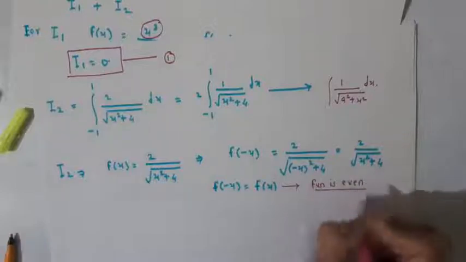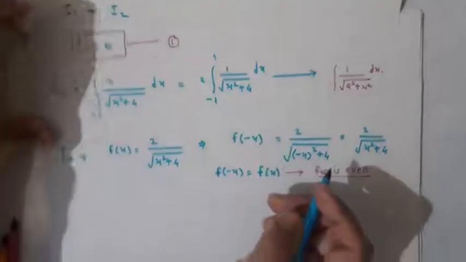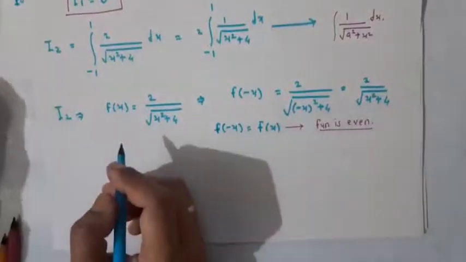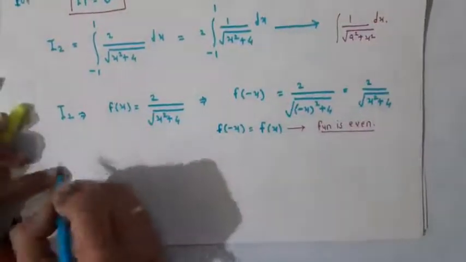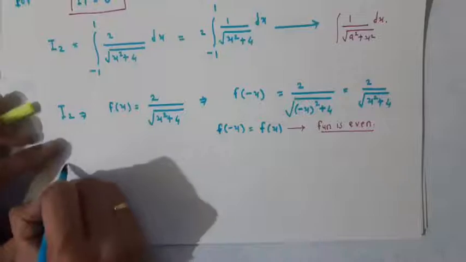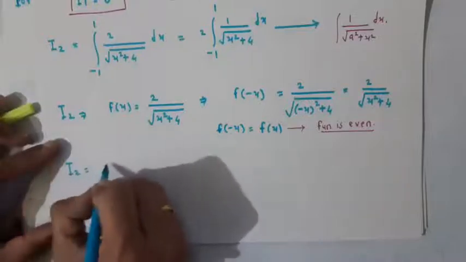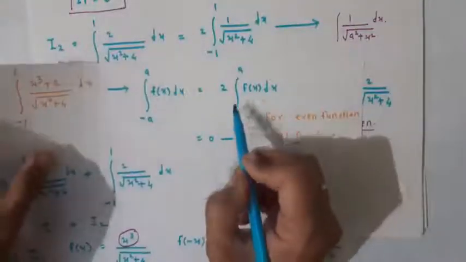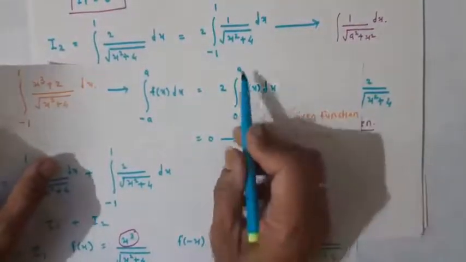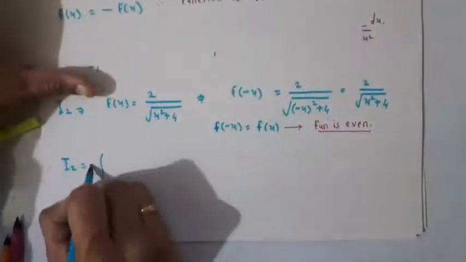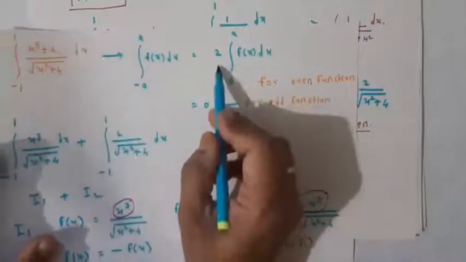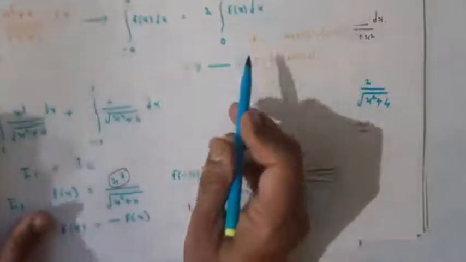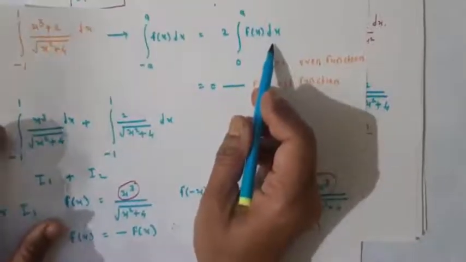And when the function is an even function, at that time the limits of integration for I2 change to 0 to a. By using this property, if the function is even, the integral from minus a to a of f of x dx is 2 into the integral from 0 to a of f of x with respect to x.